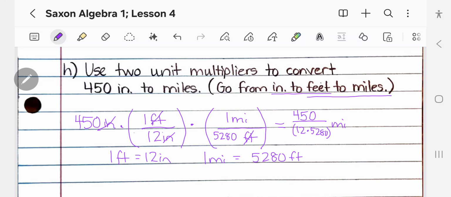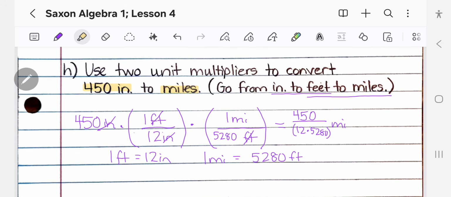Let's see if this makes sense. Look, it's going to be a really tiny number. It's got a small numerator and a really big denominator, which means it's going to be a really tiny number. Well, you're talking about 450 inches going to miles. If there are 5,280 feet in a mile, there are a lot more inches in a mile.